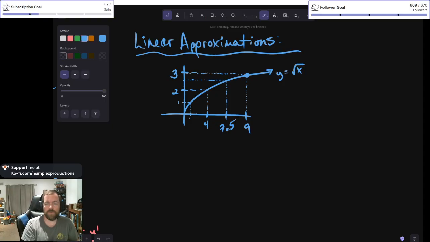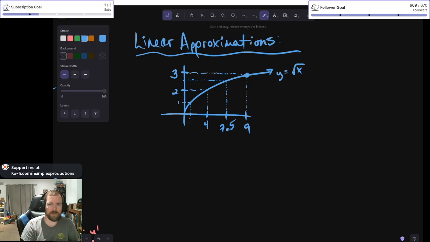Okay, so again, we know that the value for the square root of 7.5 is going to be closer to 3 than it is to 2, roughly speaking. And we know that this is going to be a non-linear value.